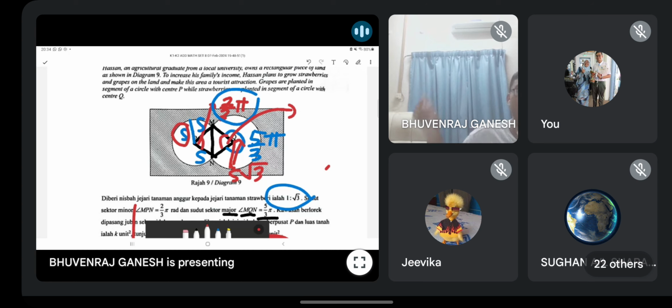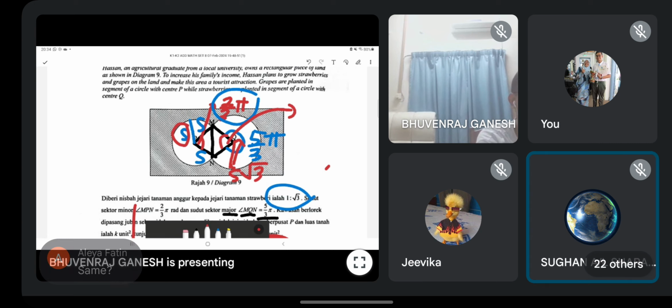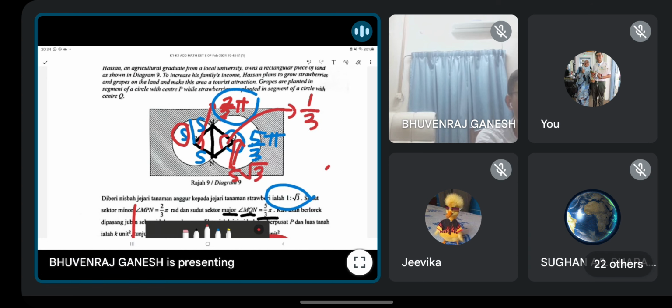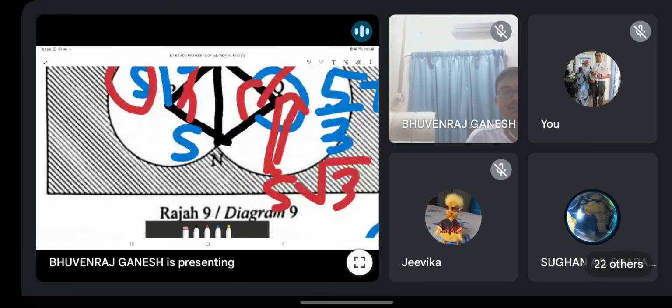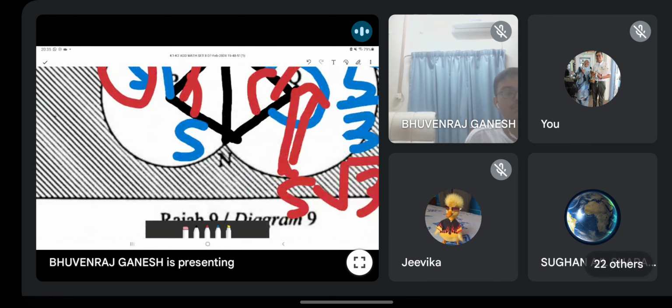Kat luaran tu 5 over 3 pi. So anyone? 1 over 3 pi. Yes, correct. 1 over 3 pi. Remember guys, one whole circle, satu bulatan is how many pi? Can you tell me? You look at the diagram. 2 pi.